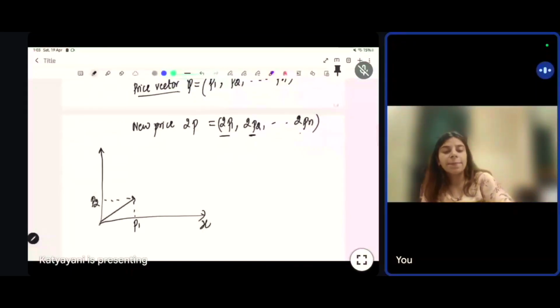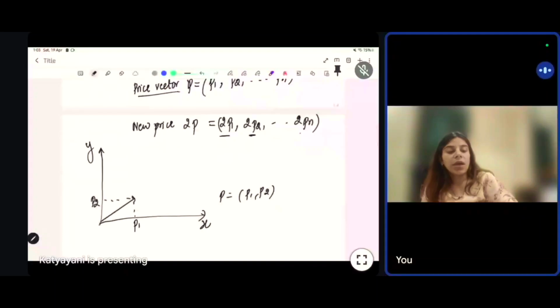Whenever I'm showing it graphically, I'll always be using a two-tuple, a two-dimensional vector, because in a two-dimensional figure, in the xy plane, I can only show you two components of a vector. So here my vector is p equal to p1, p2.